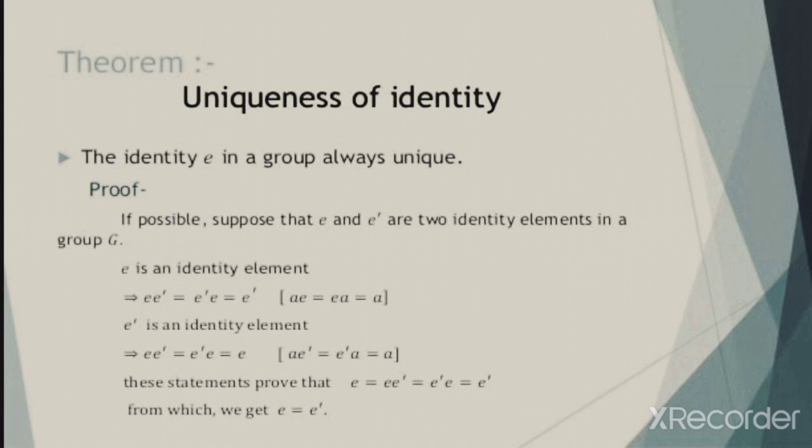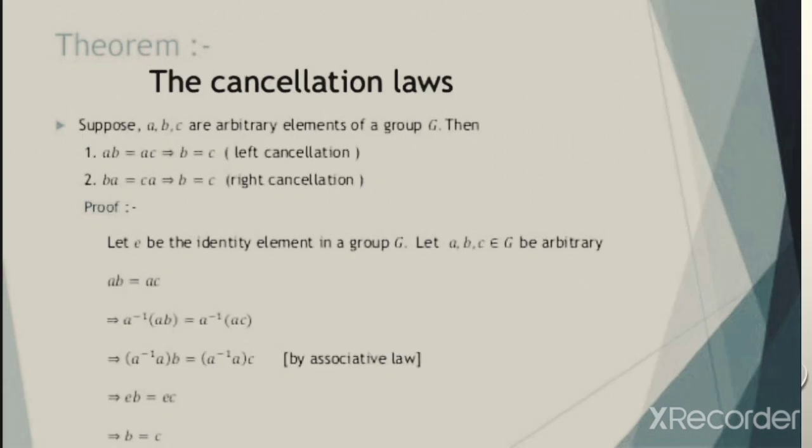And if e dash is an identity element, then e will be equal to e dash e, which will be equal to e. So these statements prove that e will be equal to e dash e, so finally it will be equal to e dash. So we can say that e and e dash are equal to each other, so the identity is unique.